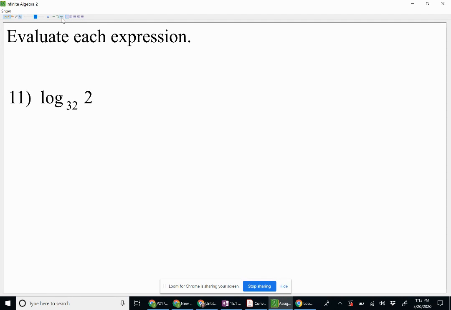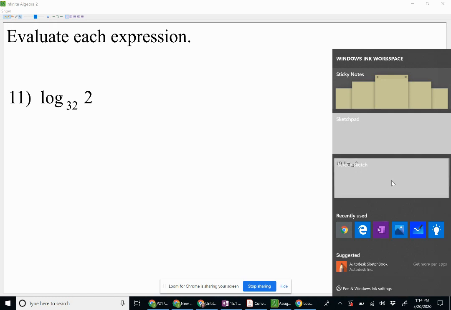Okay, number 11. 32 raised to what power is 2? Okay, it's getting smaller, so we know it's going to be a fraction. So let's do it the other way this time. Let's think 2 to what power is 32? Well, 2 times 2 is 4, times 2 is 8, times 2 is 16, times 2 is 32. 2 to the fifth is 32.